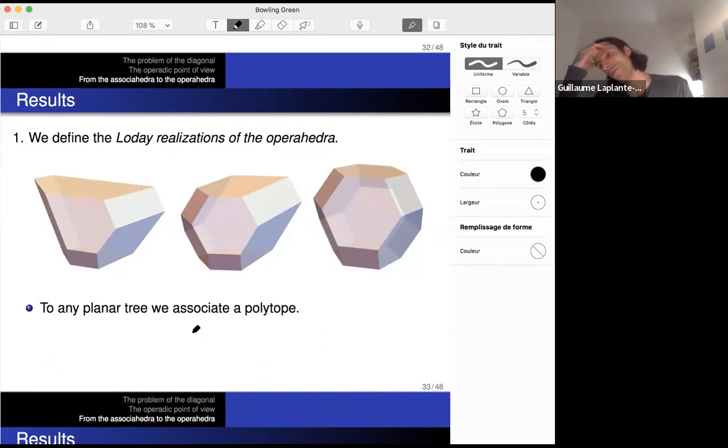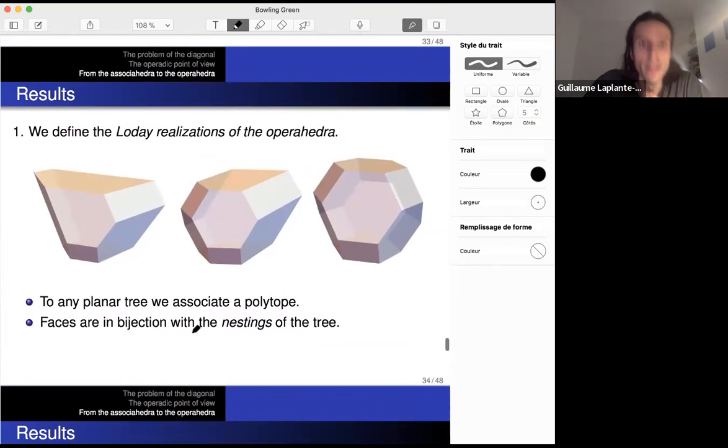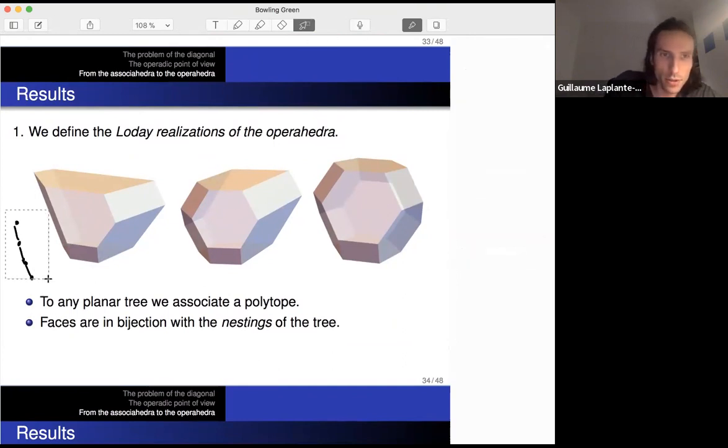So how do you find these polytopes? Well, you start from a planar tree, and you associate to it a polytope. And the faces of the polytope are in bijection with nestings of the tree, but I could also say parenthesizations of the tree. So to get the associahedra, you just look at exactly the same drawings that I've been doing two times now.